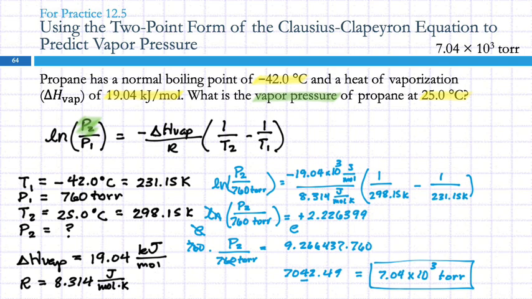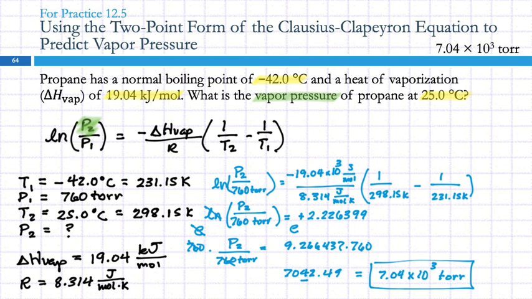Any questions? It's kind of a challenging math problem for most students. Why do we do this in torr, not atmospheres? You could do this in atmospheres. You definitely could. You can use any pressure unit you want here as long as P2 and P1 are in the same unit.